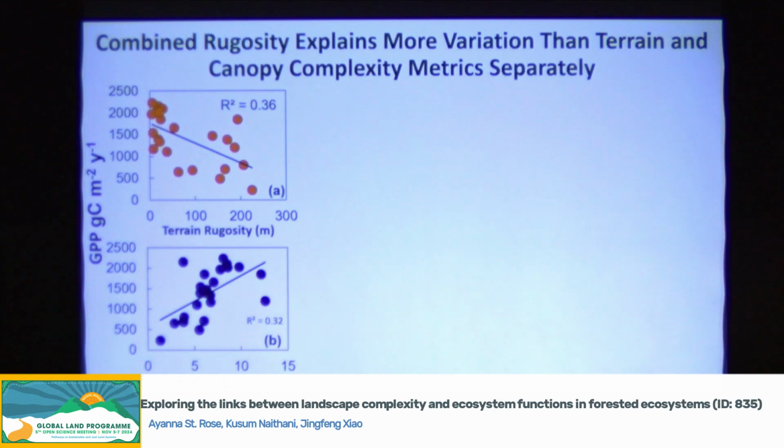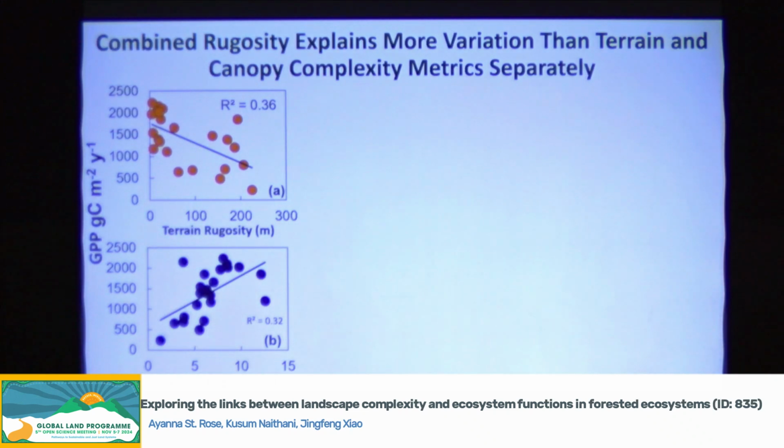So here, just to make it easier to understand, we have gross primary productivity on our y-axis, and we have terrain rugosity in plot A and canopy rugosity in plot B on our x-axis. And we can see that gross primary productivity decreases as terrain rugosity increases, and increases as canopy rugosity increases.